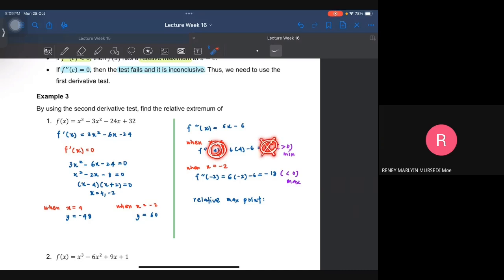So 4 gabungan partner dia adalah yang ini. Okay, so maximum point is 4 negative 48. Okay, and then next one kita punya relative minimum point. Okay, relative minimum point is negative 2, 60. Okay, simple.